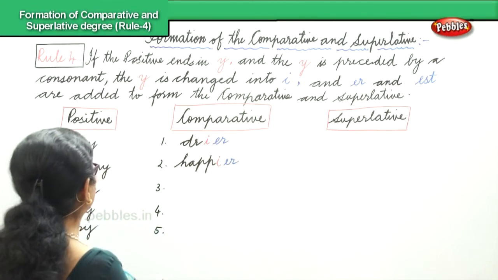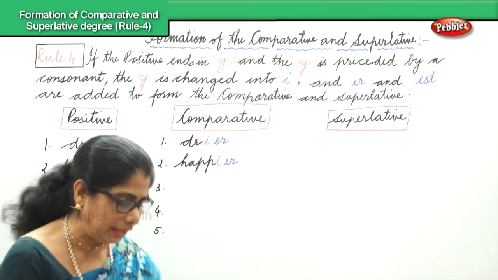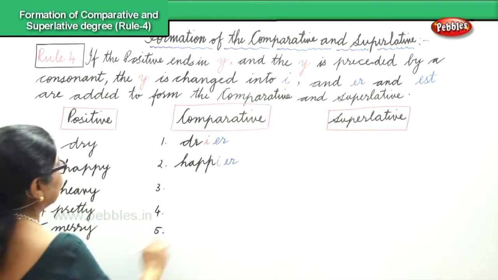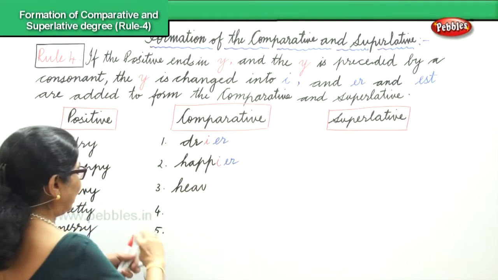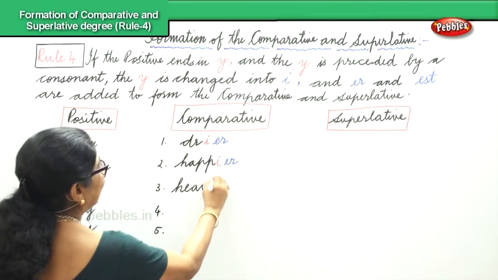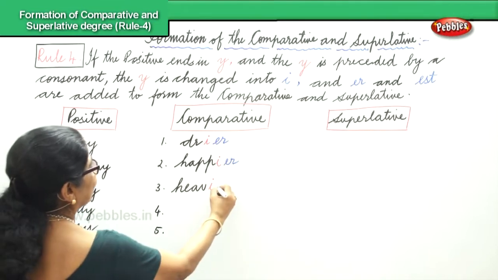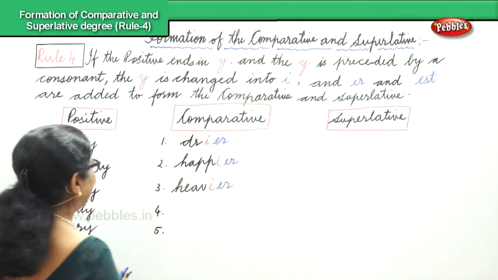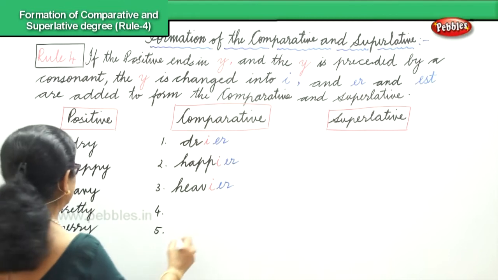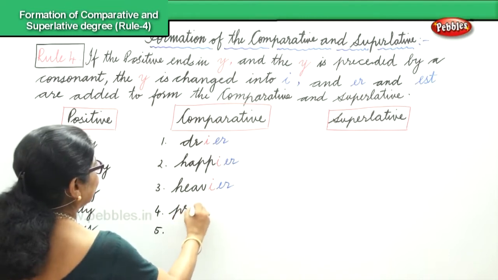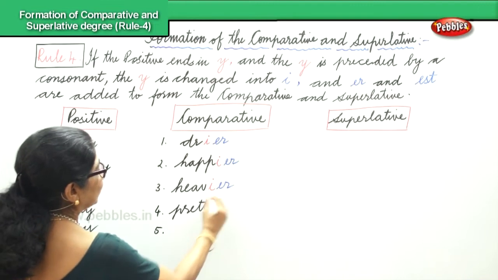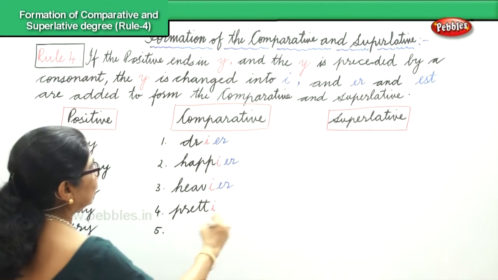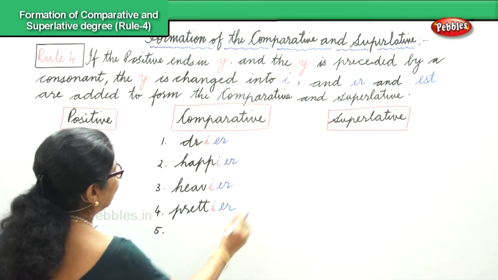Then, let's look at the third one, heavy. So, that will be, you put I, add I, and then ER. So, Y is taken away. Heavier. Pretty: double T, add I, and add ER to form the comparative, prettier.